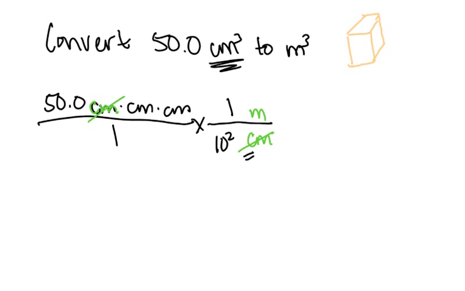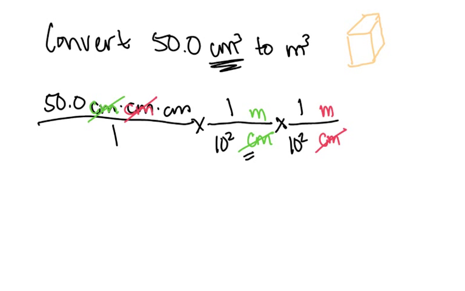So that means that from here, I need to cancel out my second centimeters. So I need another fraction. These centimeters in red move down. And you know from centimeters, you can get to meters. And just like the one before, for every 1 meter, that's 10 to the second centimeters. And now these cancel.